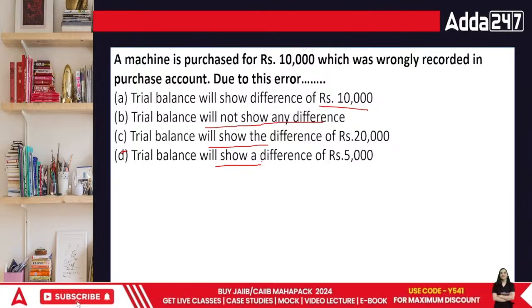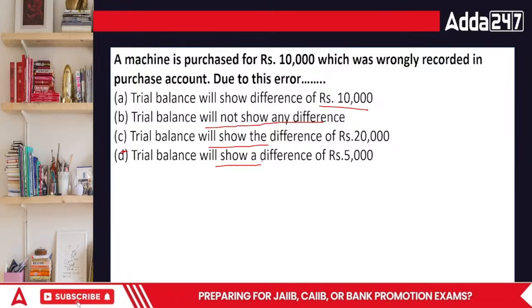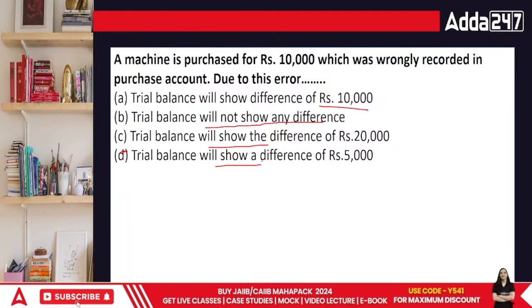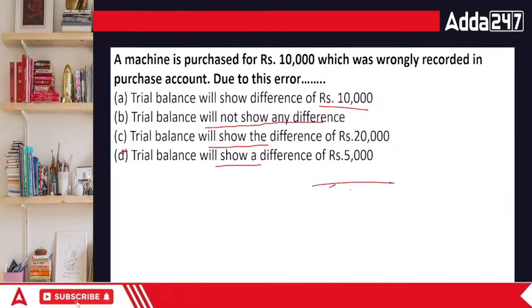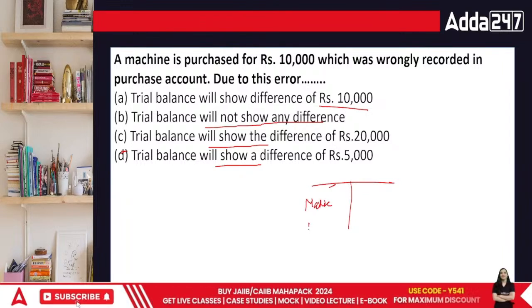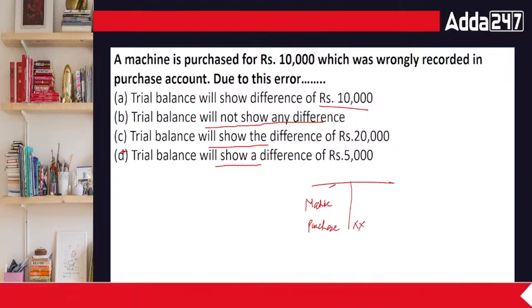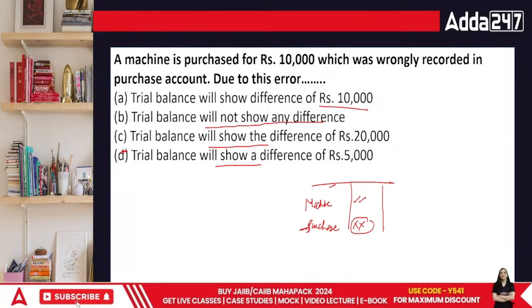Everyone, in this case, what will happen? See, the point is, in this case, I don't think there would be any difference. Reason? Machine would be on the debit side only, and even purchase would be on the debit side. In this case, we will remove the purchases account and we'll put the machine account. Or even if we show it on the purchase account, there's a displacement here.